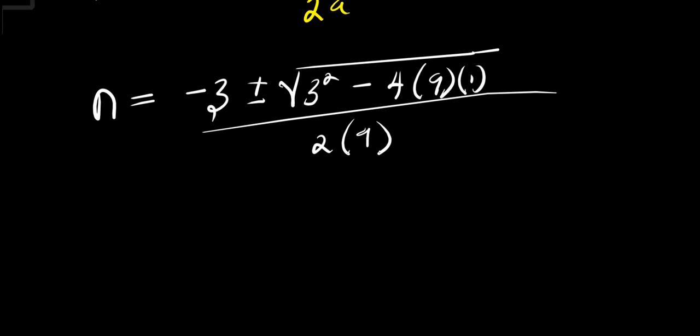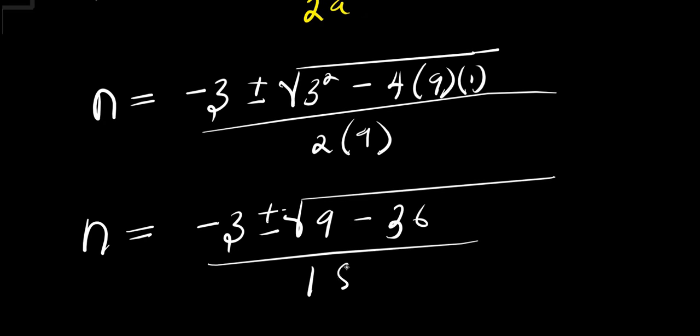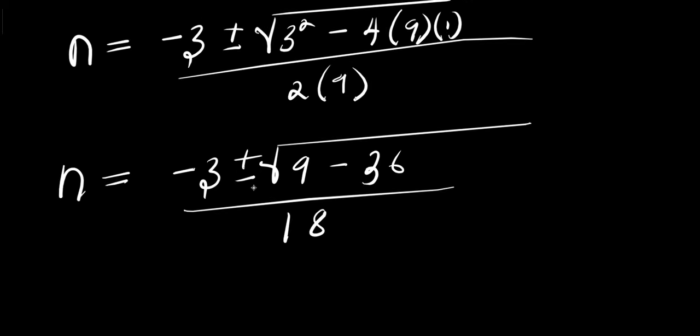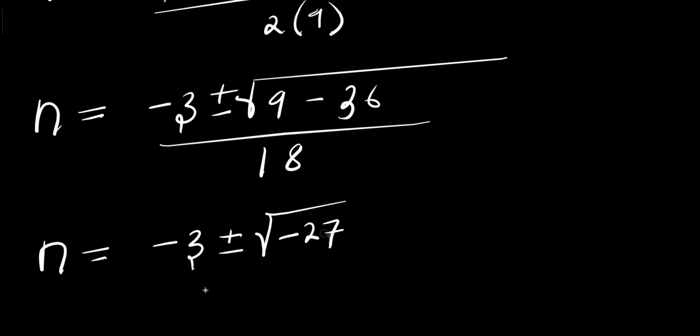So from here, we have n equals negative 3 plus or minus square root of, this is 9 minus, this is 36, divided by 18. n equals negative 3 plus or minus square root of, this is negative 27, divided by 18.